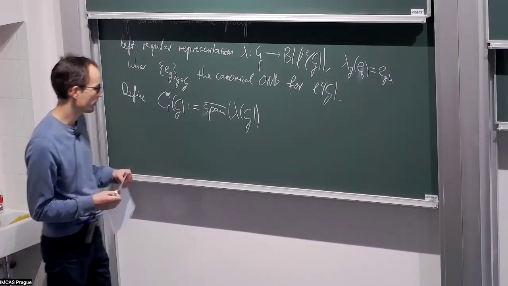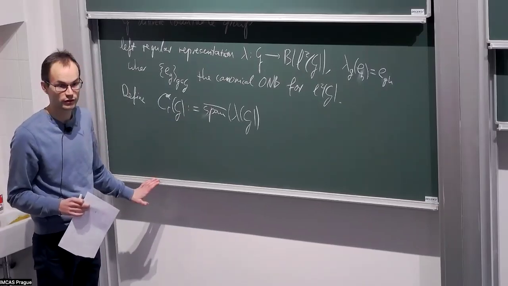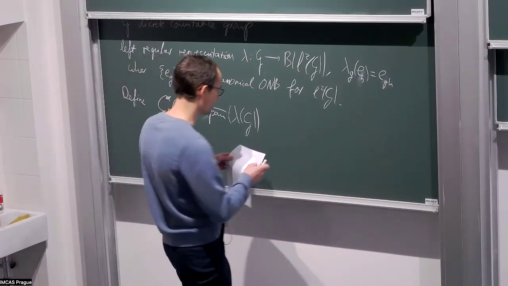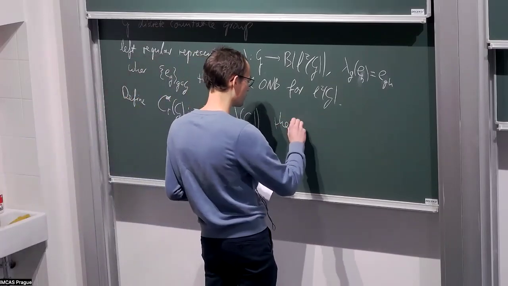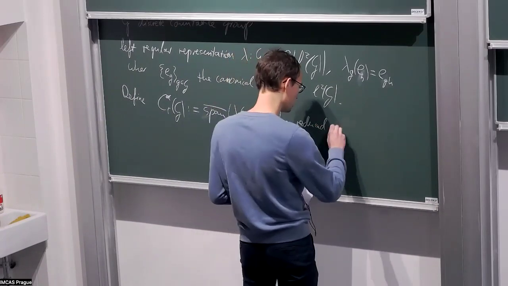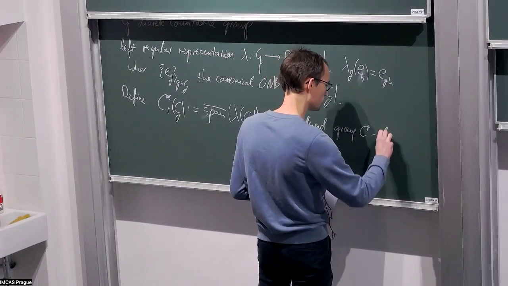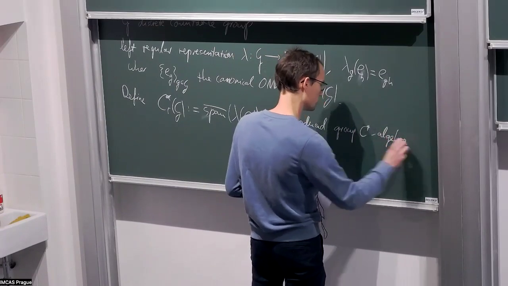You can check that this is even closed under multiplication and involution, and so it's a C-star algebra. We call it the reduced group C-star algebra of G.